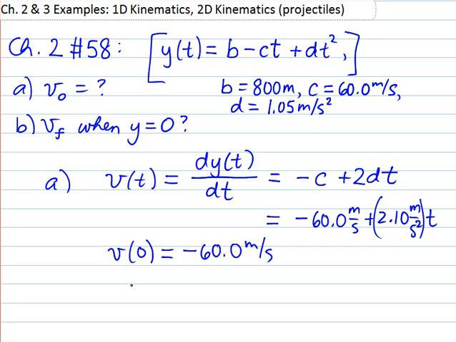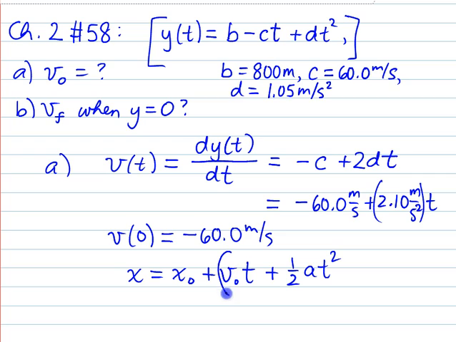But notice that when we talk about the distance equation, x equals x naught plus v initial t plus 1/2 a t squared, this term in front of t represents v initial. And so if we go back to our original equation, negative c represents the initial velocity.